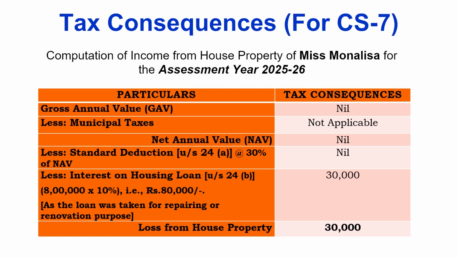But as the loan was taken for repairing or renovation purpose, it is restricted to 30,000. So we will get deduction under section 24(b) as 30,000. Thus, loss from house property becomes 30,000 as shown in the picture.